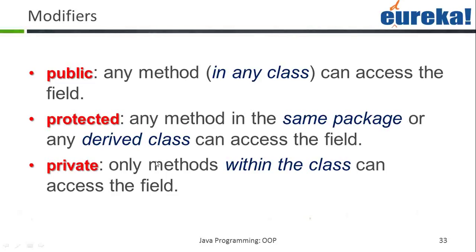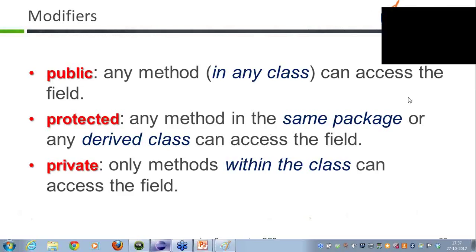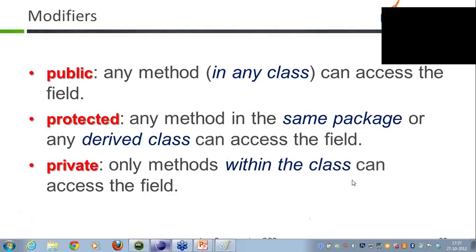Suppose I have created a class A, and what I'm doing is I'm extending this class A in class B. All right. So then I can have these methods or the attributes in my class B. When I talk about private here, only methods within the same class can access this field. So this is how the access modifiers work in Java.